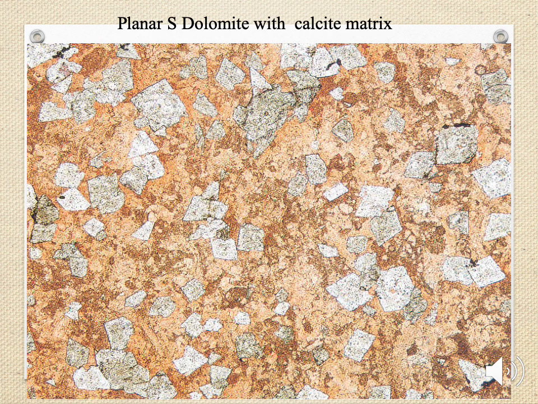So the dolomite is very light colored. It is unstained, and calcite stains red when we put a particular stain on it, and that's why we have these reds and oranges. So all of the red and orange is calcite, and all of the clear stuff is the dolomite crystals.